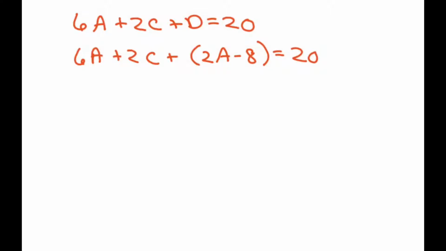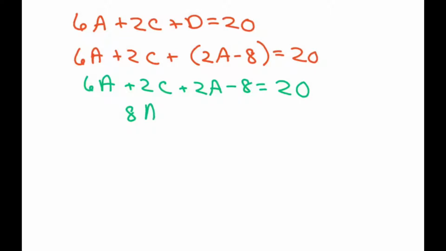You combine this, you're going to get 8a plus 2c, and I'm going to add the 8 to both sides, so you get equals 28.